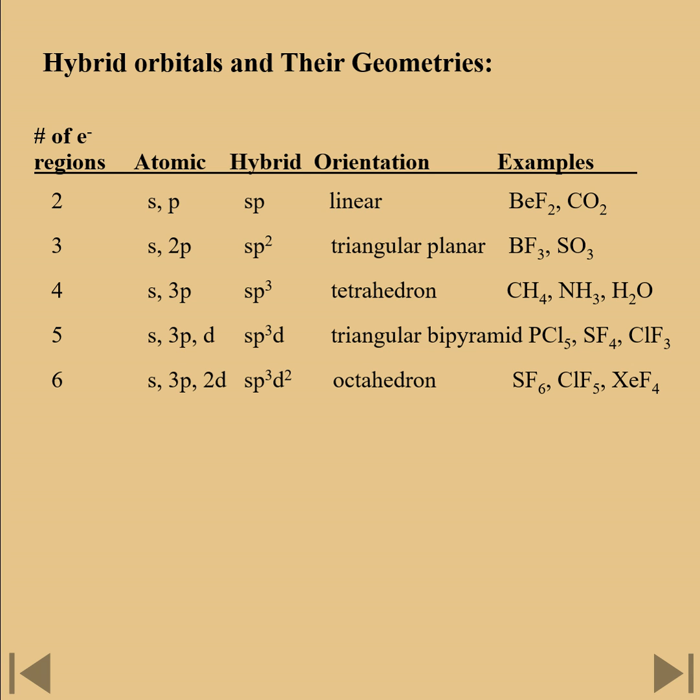And for 6, we need 6 orbitals to accommodate the 6 regions of electrons. So I have my s, my 3 p's, that's 4. This time I'm going to need 2 d's. I hope you can count them and see that we have 6 orbitals mixed to give us 6 hybrid orbitals, and that's the type of orbital when we have 6 of them. And at the heart of this is the octahedron.